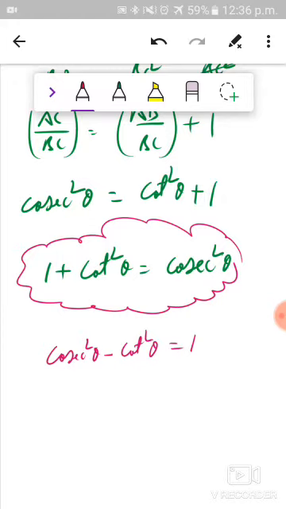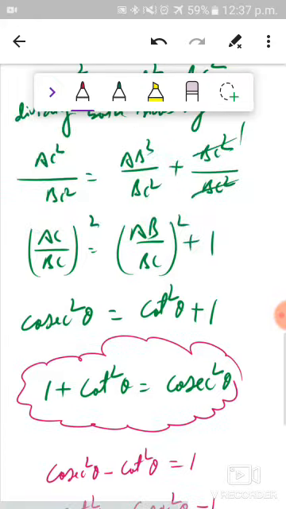Also we can write cot square theta is equal to cosec square theta minus 1. So we have to learn all these identities. Now let us see how to use these identities to solve problems.